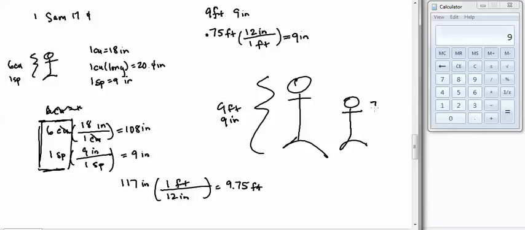Shaq is 7 feet 1 inch. Okay, let's see. Yao Ming is 7 feet 6 inches. That's that Chinese basketball player. 7 feet 6 inches. LeBron James, he's a really popular guy right now.